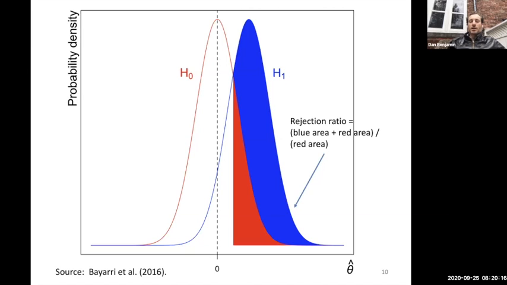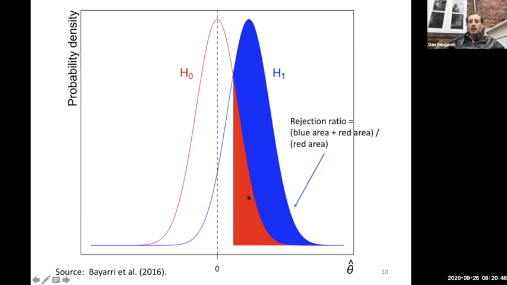It's large enough that our test statistic is above the threshold for significance. So that is this value here, and so the probability that we would get a significant result under the alternative hypothesis is this whole region of this blue distribution to the right of this threshold.